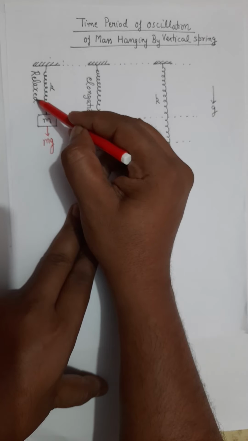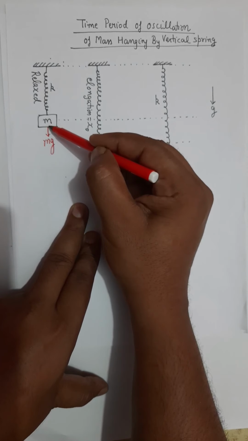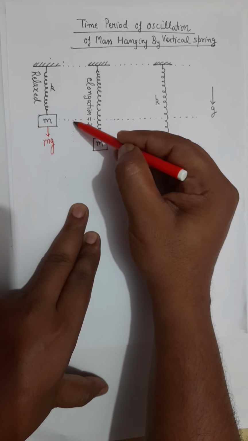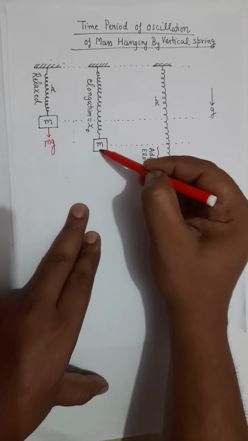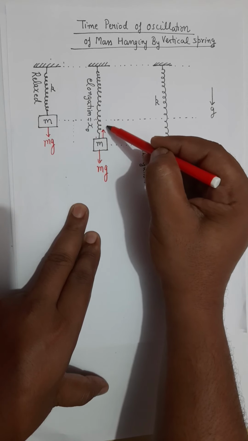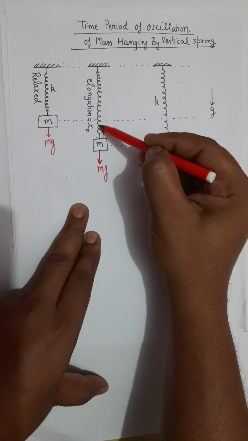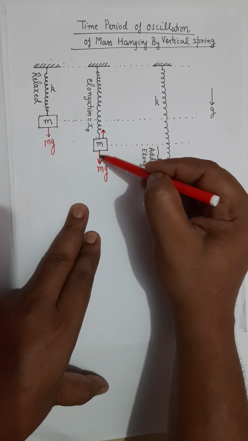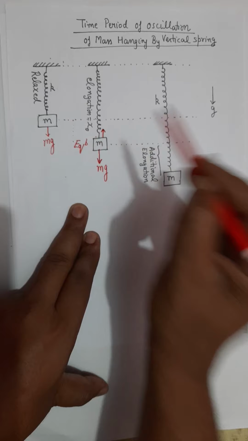Since the spring was relaxed, there was no upward force, but due to gravity the mass m will fall down, and as it falls, the spring is elongated, and at a certain time it is elongated by a sufficient amount to balance the force of gravity. The moment the spring has sufficient elongation to produce a force which can balance the force of gravity, we say that our block is at the point of equilibrium.